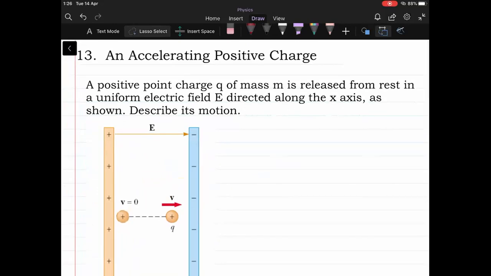It is given that there is an accelerating positive charge. Why would it accelerate? Because it is kept in an electric field, a region of electric field which is uniform.